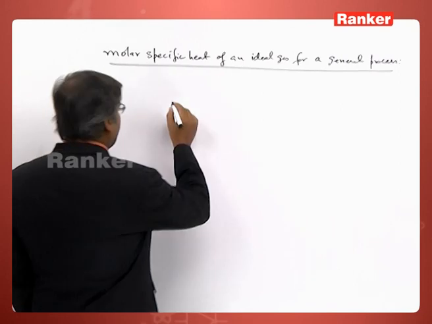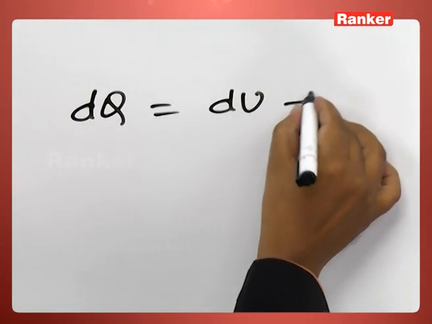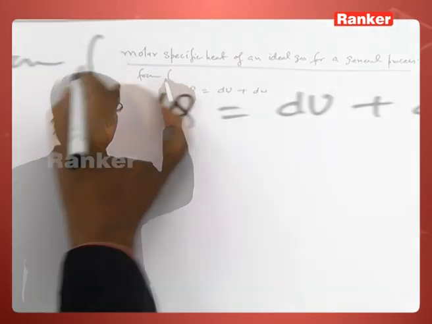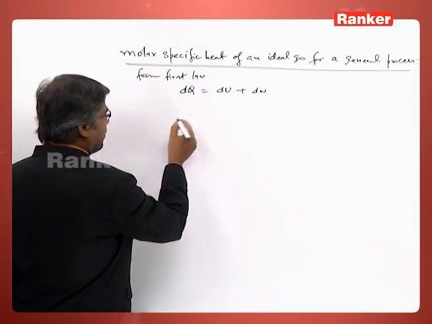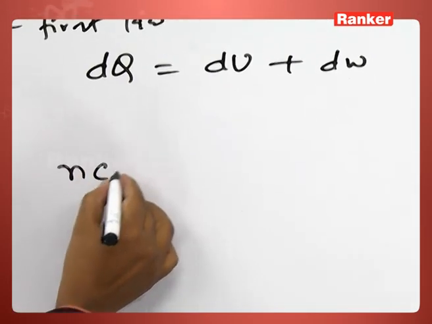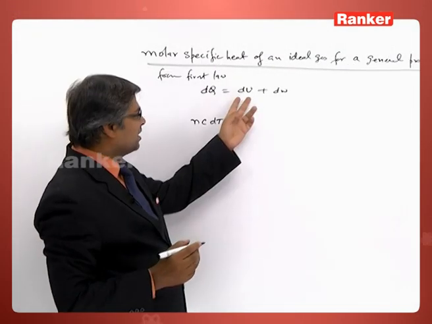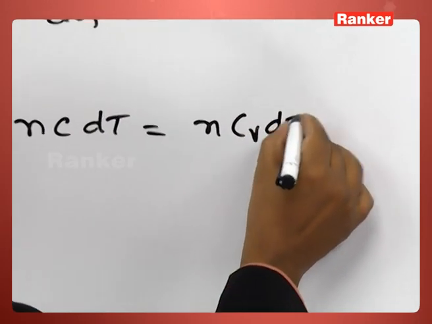So now you see here, we will write dQ is equal to dU plus dW from the first law. It's a general process, so dQ will be nCdT. Whatever may be the process, dU is equal to nCv dT.